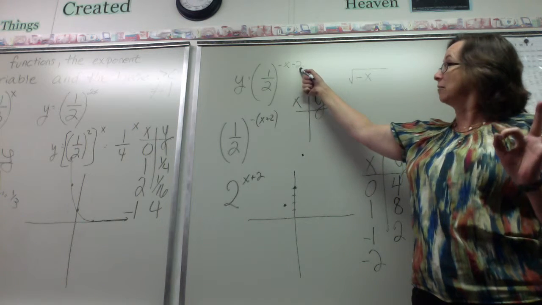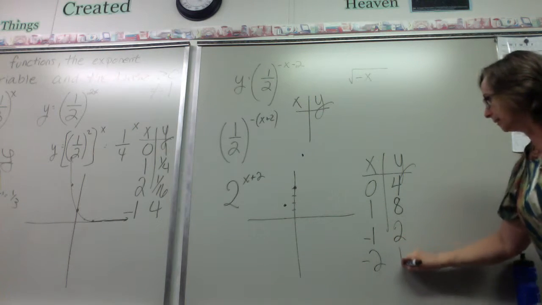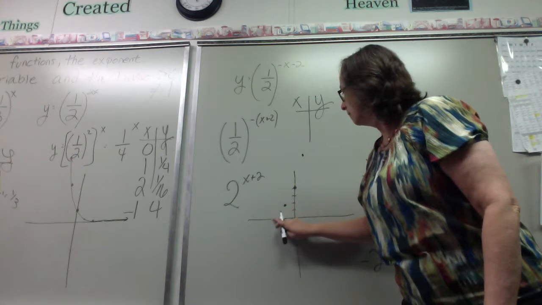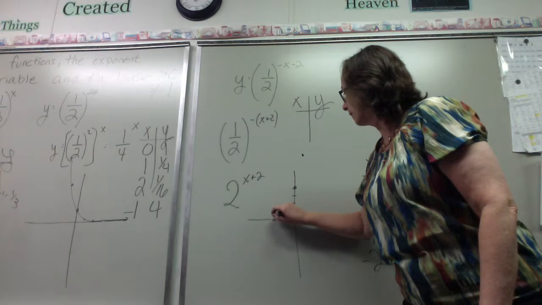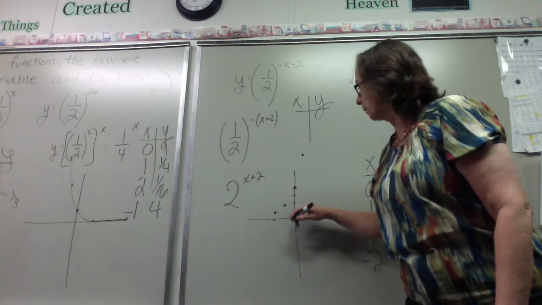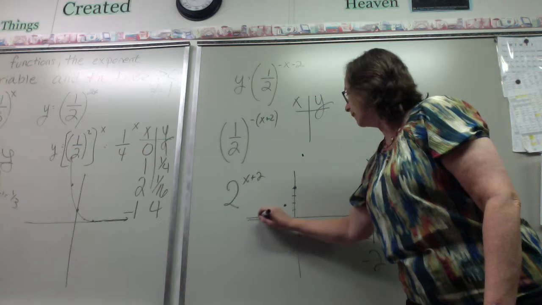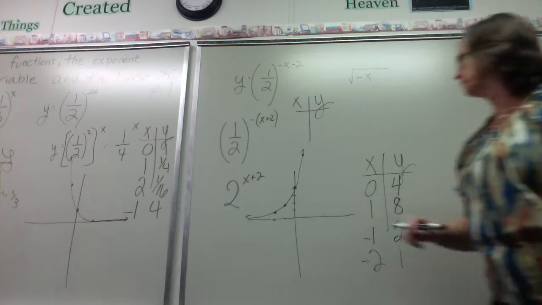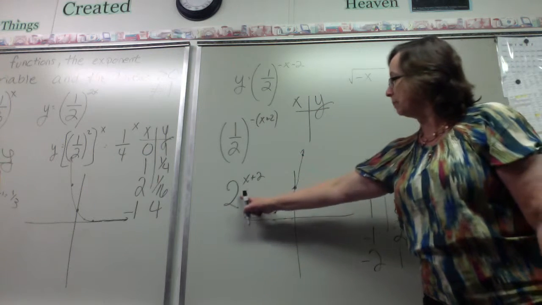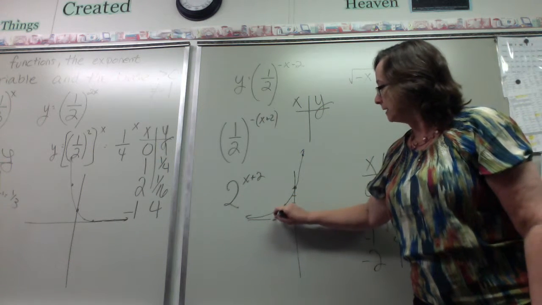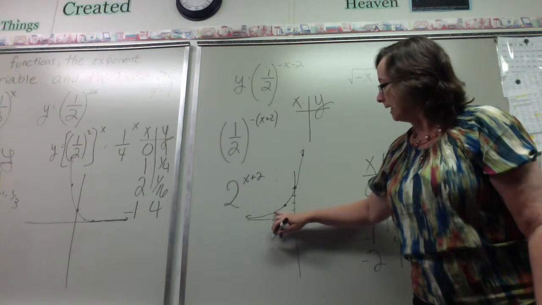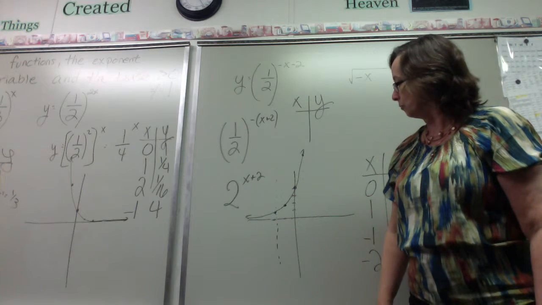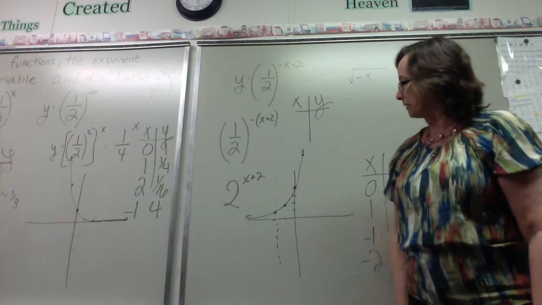Minus a 2 is a 0. Anything to the 0 is a 1. So -2, 1 is that special little point right there that should have usually been there, but we've slid the whole thing over. And that is going to continue to decrease to the left. This is the same thing we would expect it to be. Notice that that special point, that 0, 1 point, has been shifted over to -2, 1, and that's what we would expect it to do.